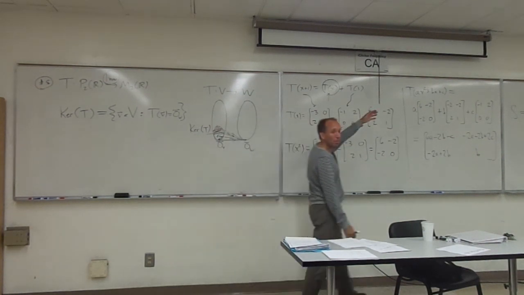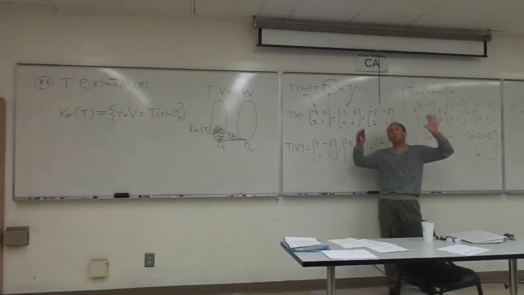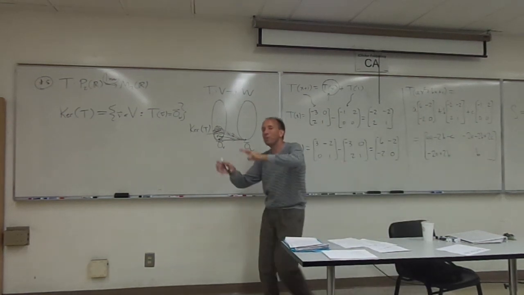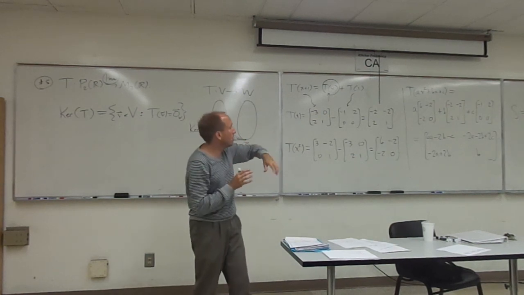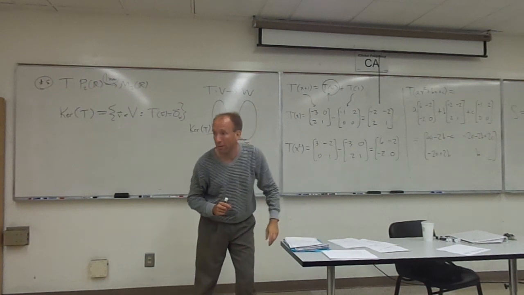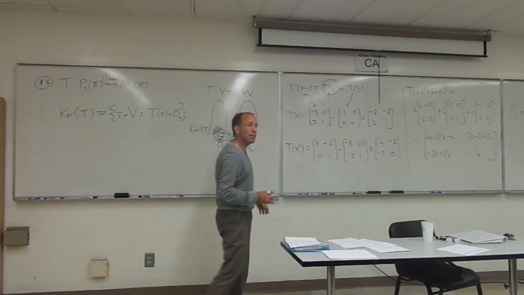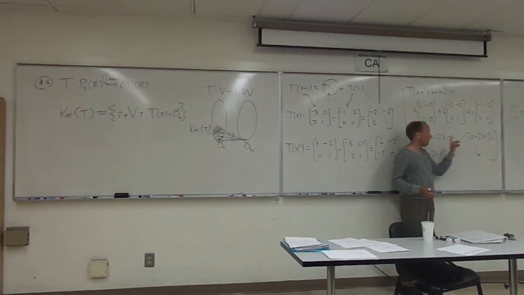In this problem, our inputs are the quadratic polynomials. We're looking for which quadratic polynomials end up getting killed, which means that they end up resulting in the 2 by 2 matrix of all zeros. So would you agree that to find the kernel, I basically need to just set this equal to the matrix 0, 0, 0, 0, and solve it?